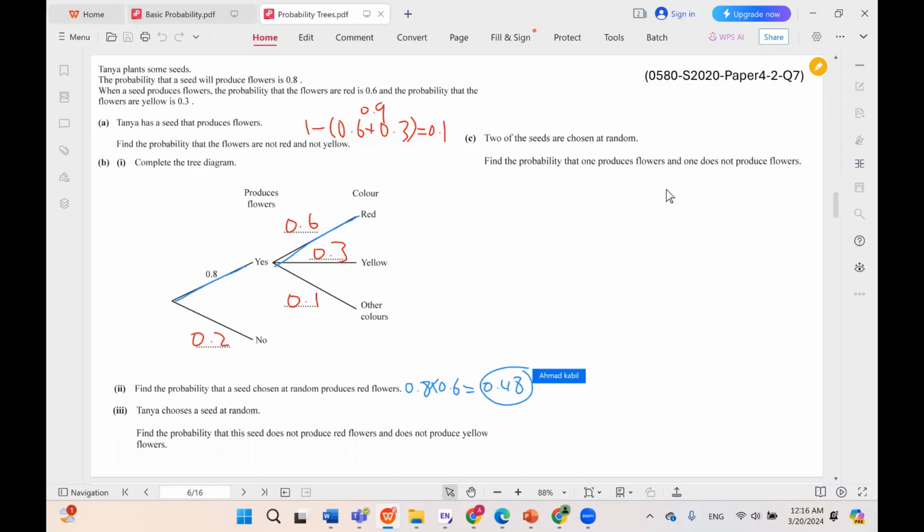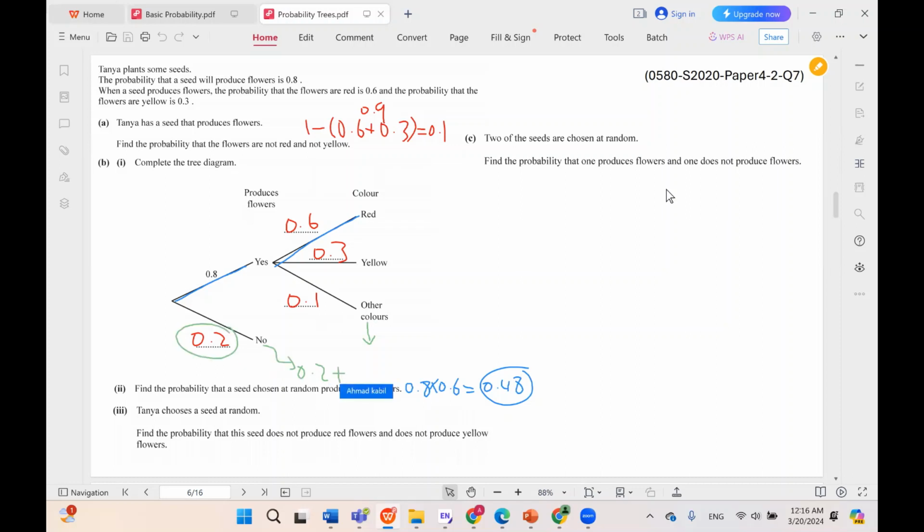In triple I, we're told Tanya chooses a seed at random. Find the probability that this seed does not produce red flowers and does not produce yellow. So it will either not produce anything at all, or it will produce other colors. So we have 0.2 here. There is nothing else to write.